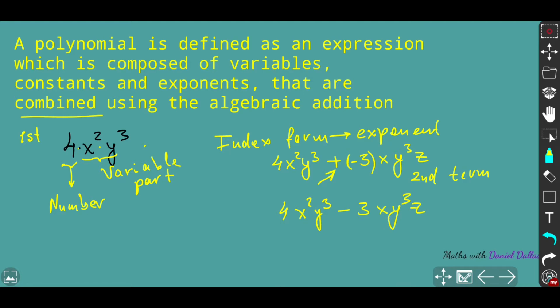But nonetheless, you still have algebraic addition, because you can come back to addition and say that the coefficient, this number part, is just negative. So that's why the word algebraic addition means that you can every time come back to addition.